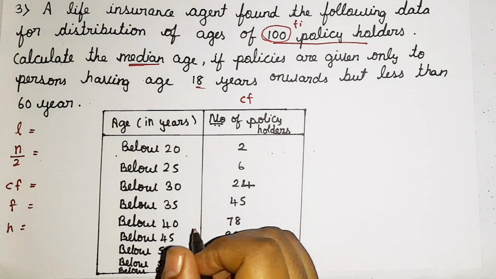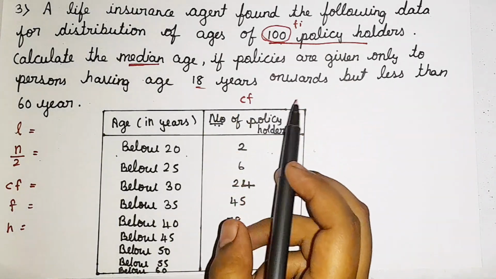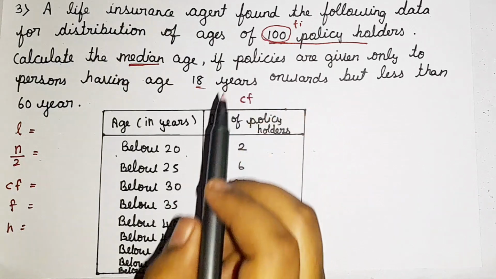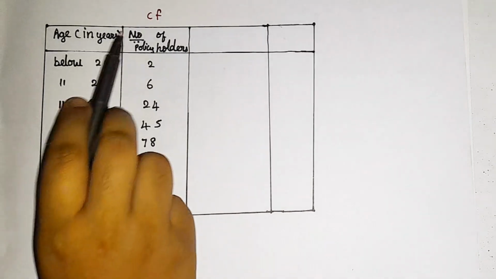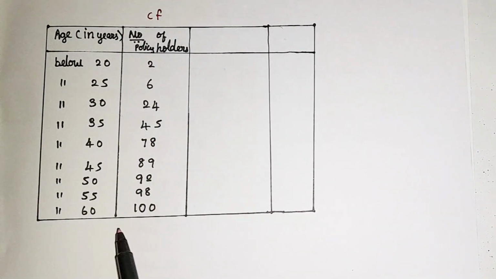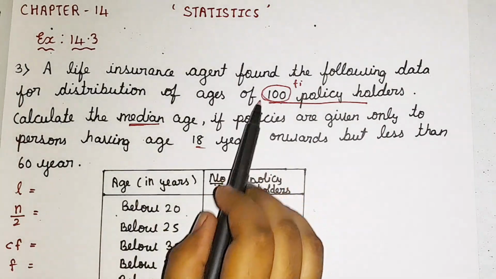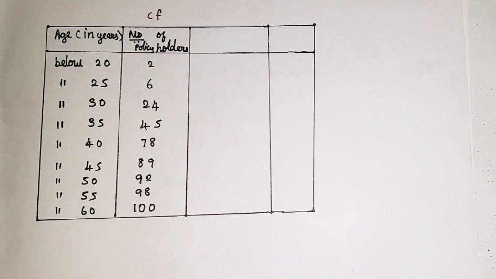In the question the total frequency is 100. I just told you, whenever we get a total value for frequency, that should be similar to the last number of cumulative frequency. So this is cumulative frequency, the last number is 100. This is exactly similar to the total frequency which they had mentioned in the question. If you don't know, when we do it, at that time you will get to know.